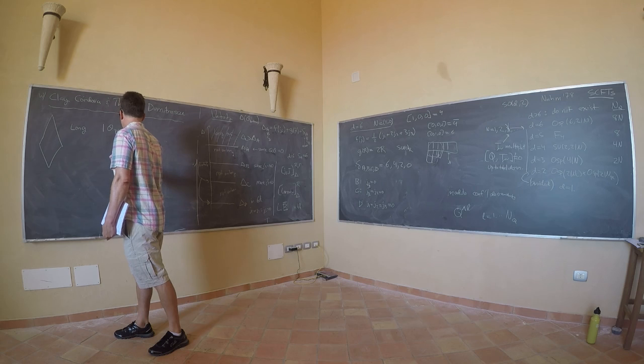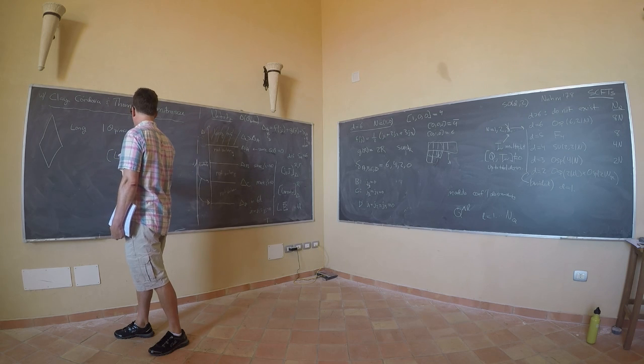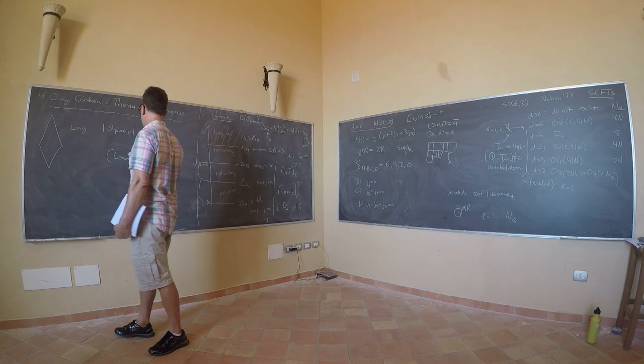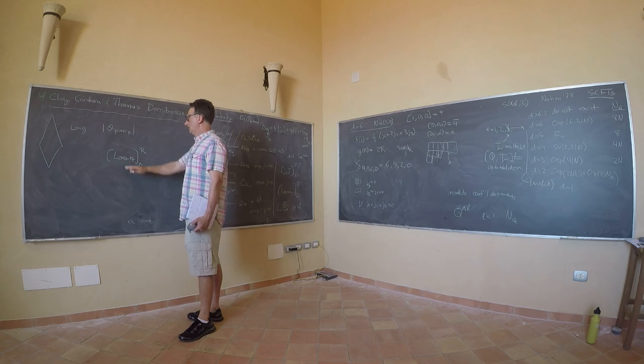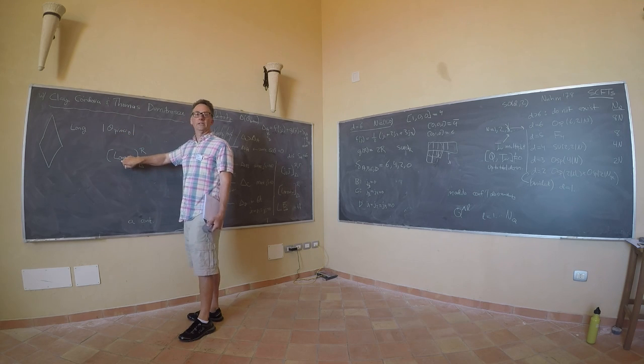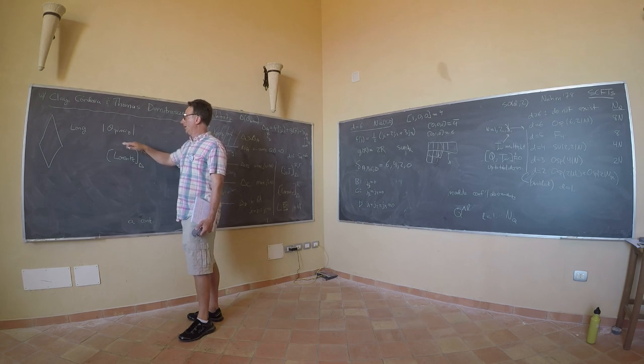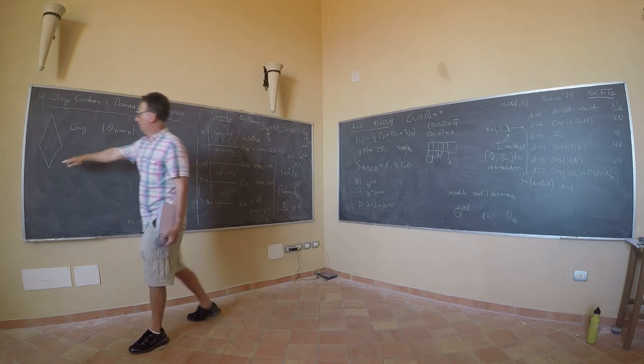Let's see right here. So the primary is in some representation of the Lorentz group, some representation of the R symmetry group with some dimension, operating dimension delta. So the number of these primary operators will just be whatever the dimension of this representation is times the dimension of this representation. So that's the number of operators at the bottom.